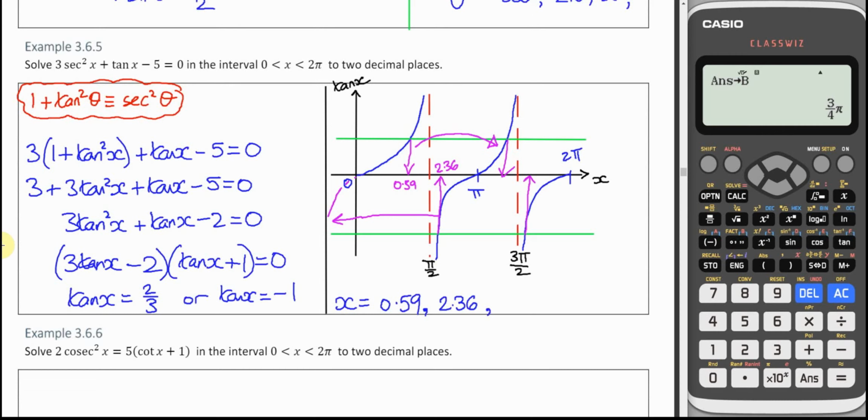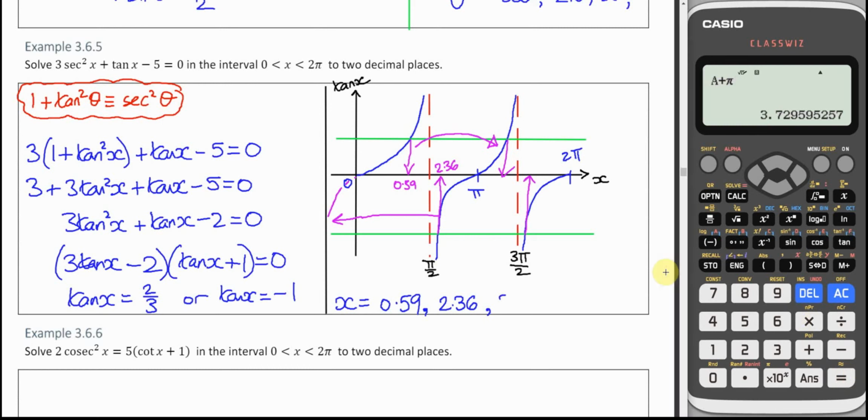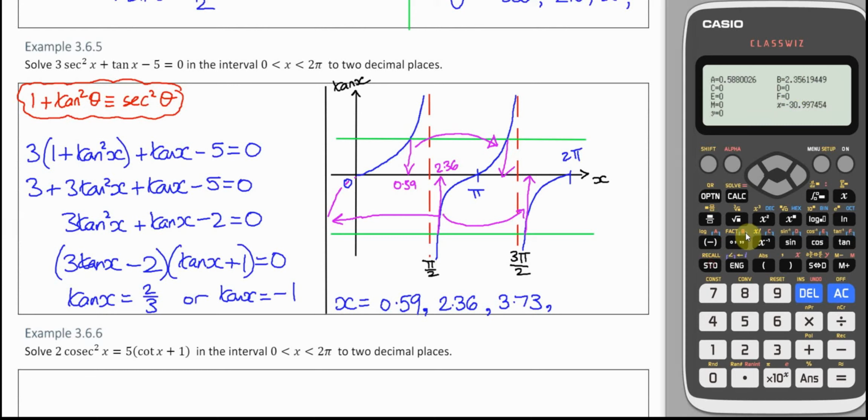The next one was 0.59 plus pi. I stored 0.59 under A. So A plus pi to 2 decimal places, 3.73. And the other one is pi more than the 2.36. The 2.36 I've stored under B.